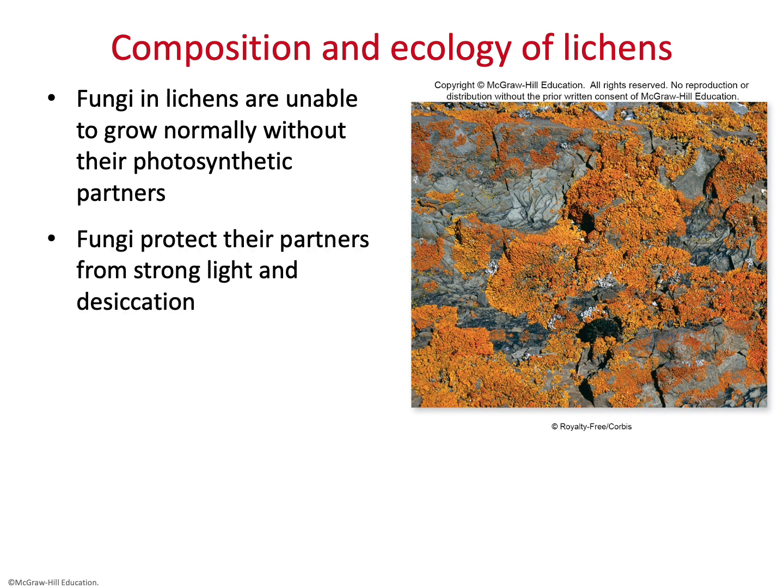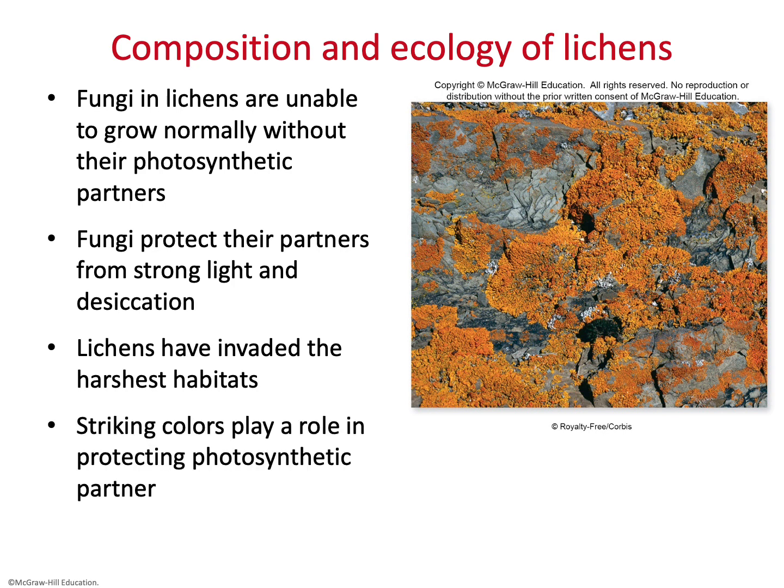Fungi protect their partner from strong light and desiccation, and lichens have invaded the harshest habitats. They also have striking colors, which play a role in protecting the photosynthetic partner.